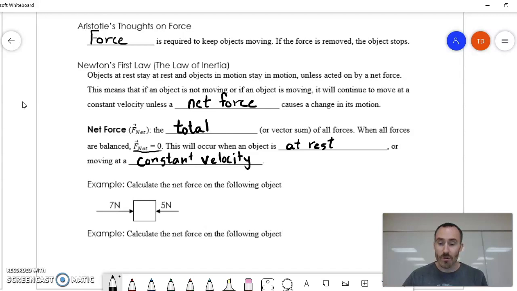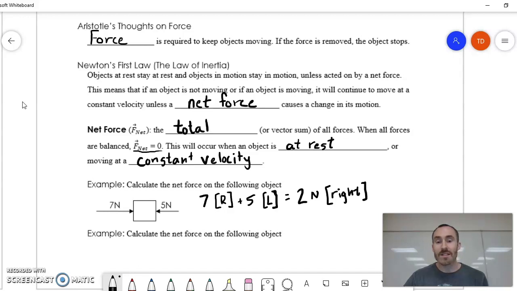Okay, 2 to the right. So this is 7 to the right, plus 5 to the left equals 2 newtons, we're talking about, to the right.